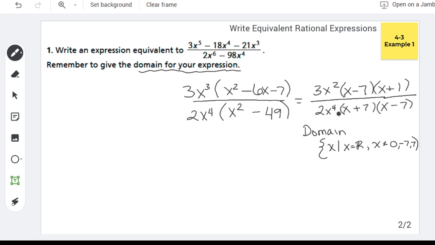Right, and that comes from just setting each of these expressions equal to 0. And then I close it with a curly bracket. So that is one way using set notation to state our domain or our restrictions.